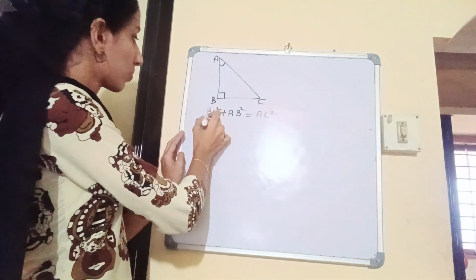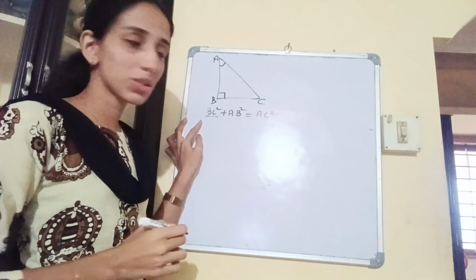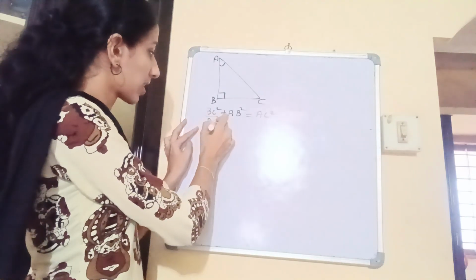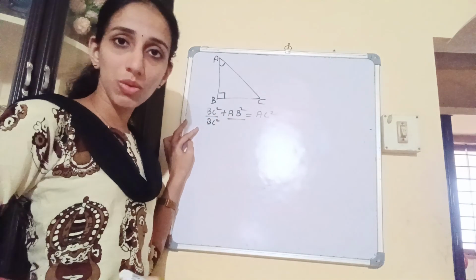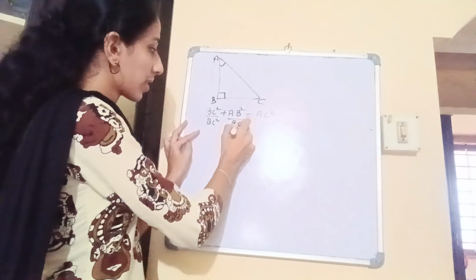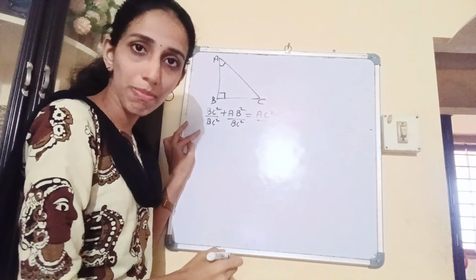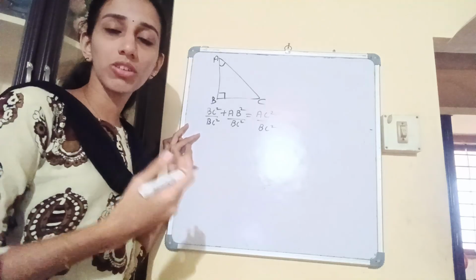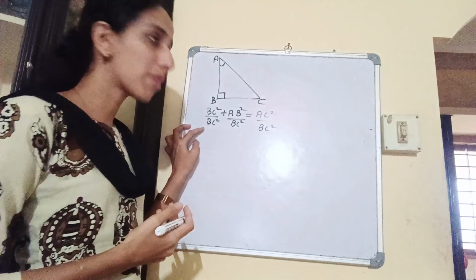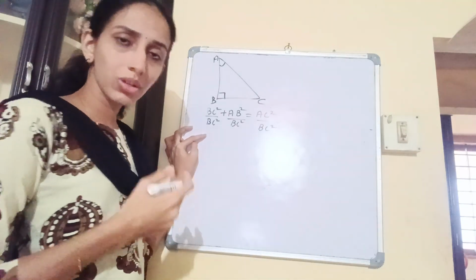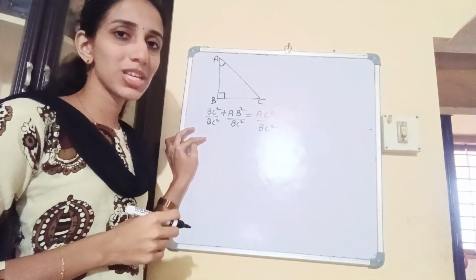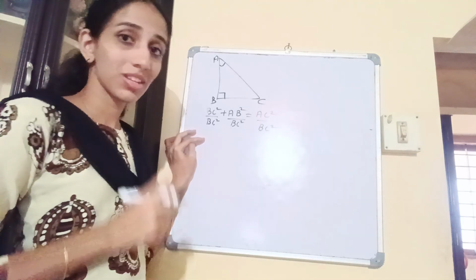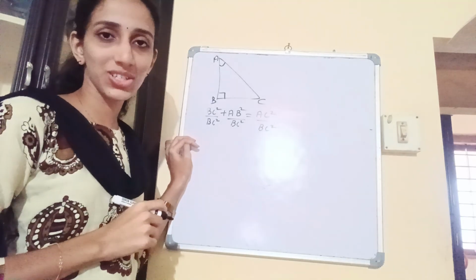So the equation becomes BC square by BC square, then AB square by BC square, then AC square by BC square. Then we are again going to rewrite this BC square by BC square. Can you guess how we will write it? We already discussed that in the first section.